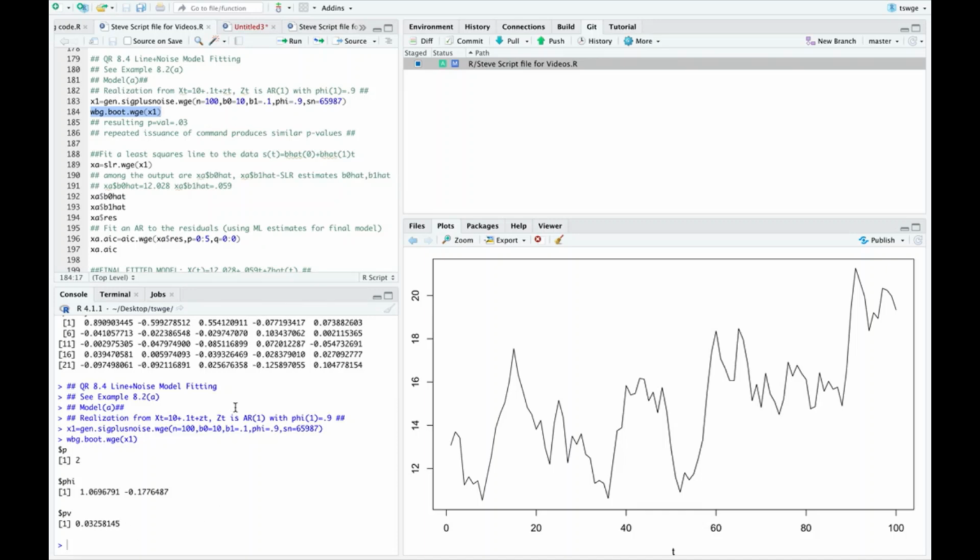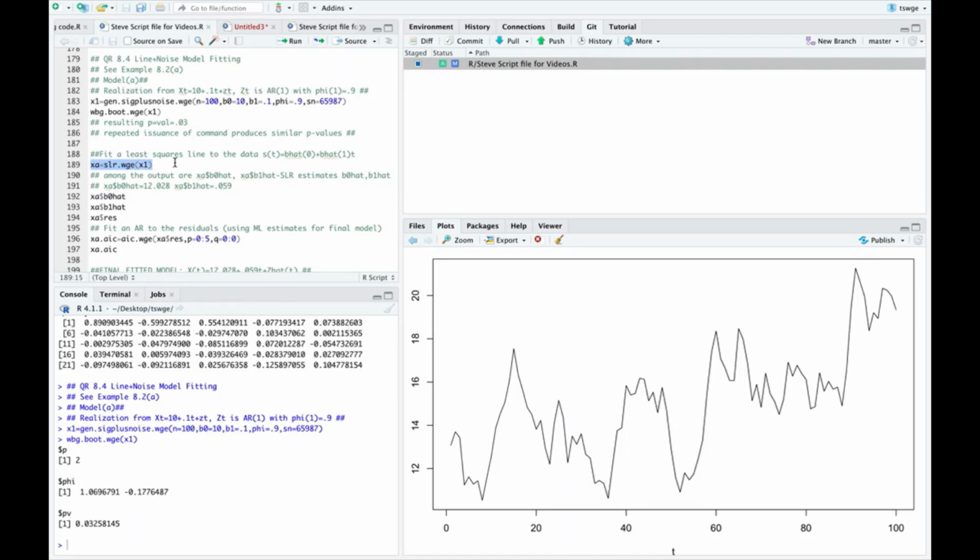Okay, well, once we've made that decision, then what we do is fit a least squares line to that signal term. Well, the signal is the line piece. That's b hat 0 plus b hat 1 times t. Let's do that. We'll call it xa.